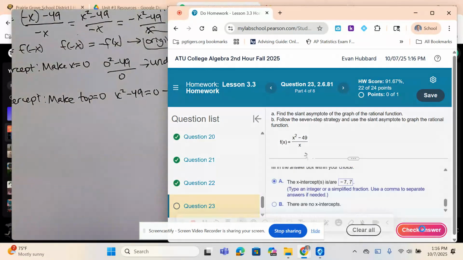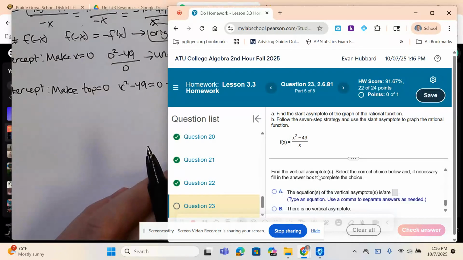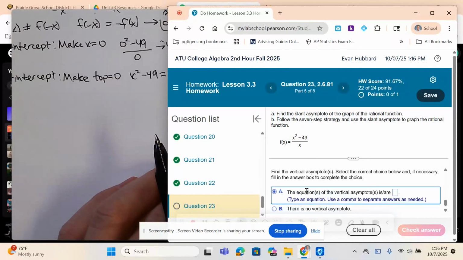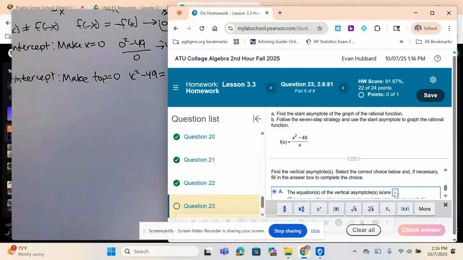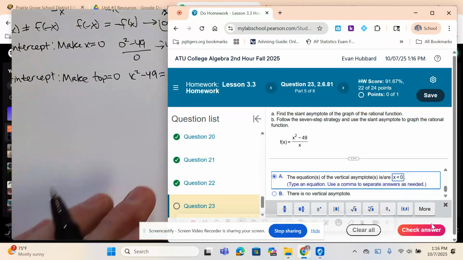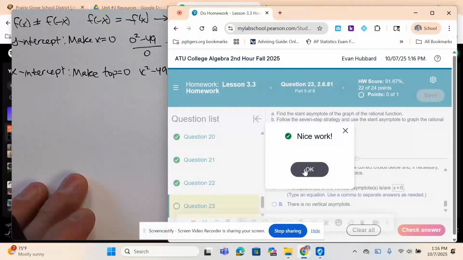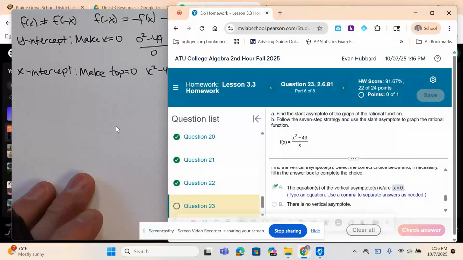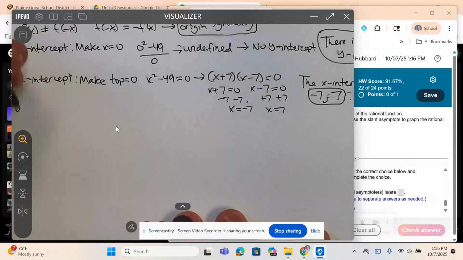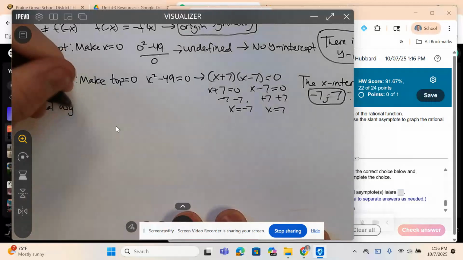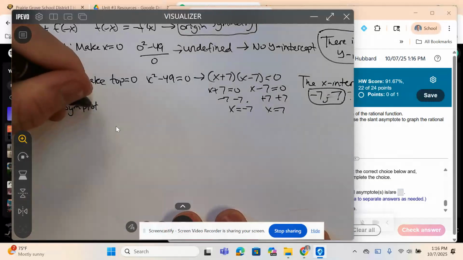And then can I get vertical asymptotes? Y'all know what that's going to be, right? You make the bottom equal 0.